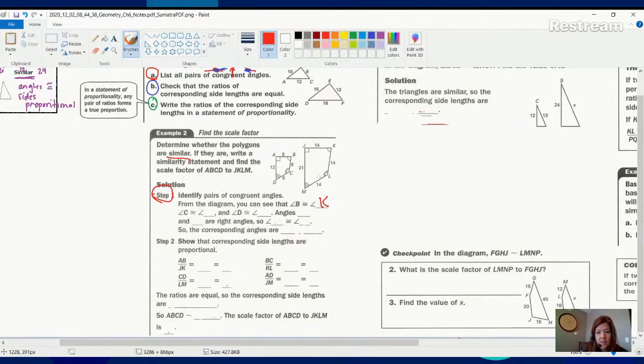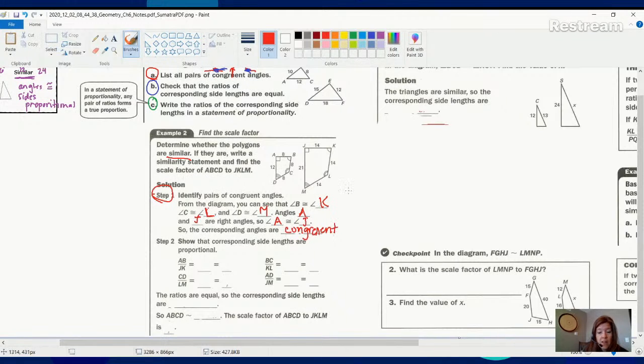Angle C is congruent to angle L. They both have 2 lines. Angle D is congruent to angle M. And angles A and J are both 90 degrees. They're both right angles. So angle A and J are also congruent to each other. So the corresponding angles are congruent.